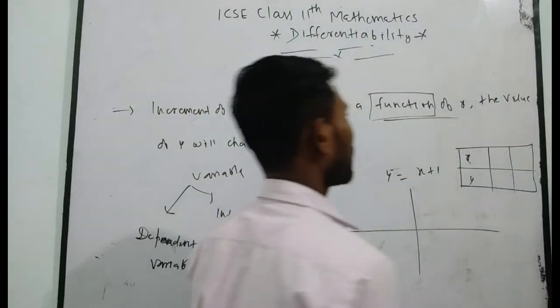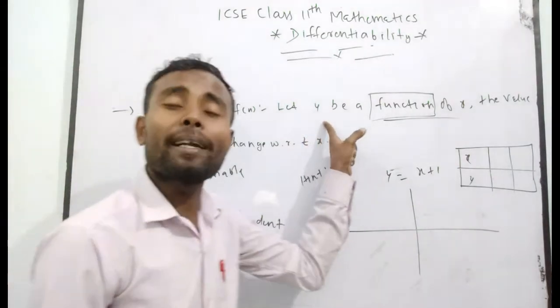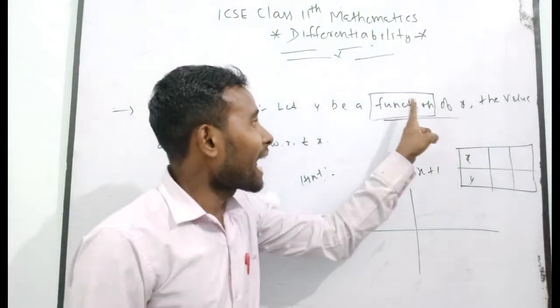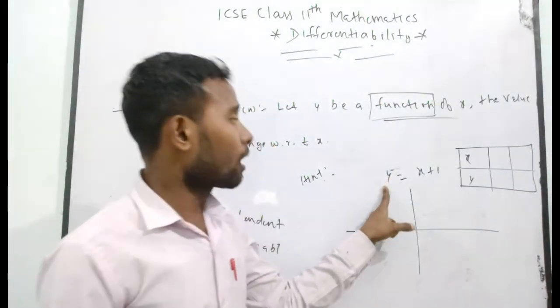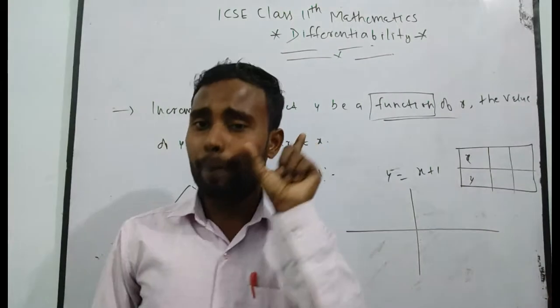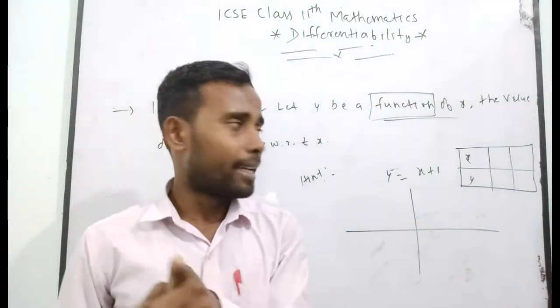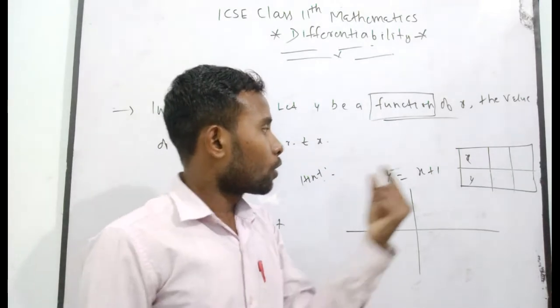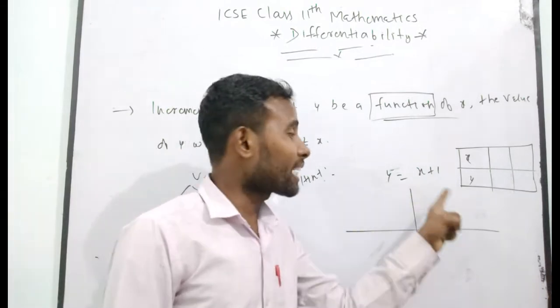Now I want to tell you again, here y behaves as a dependent variable and x behaves as an independent variable. If we treat y as a dependent variable and x as an independent variable, then the value of y changes according as x.